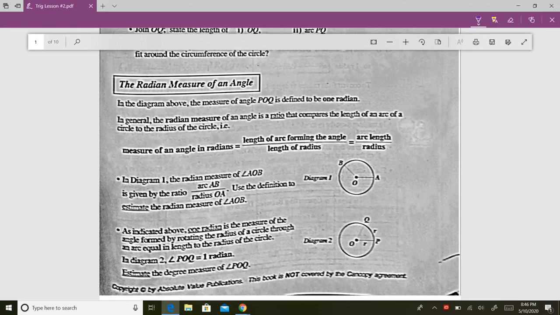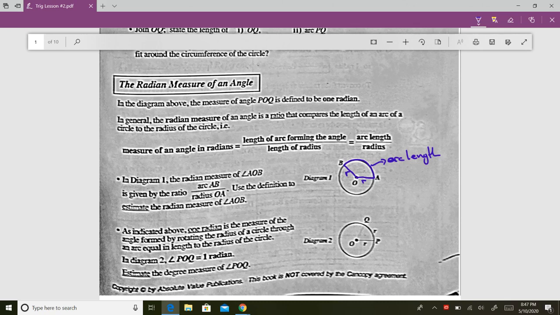The radian measure of an angle. Here's our circle. Here's our radius, and this is a radius as well. When it's not the whole circle, this is called an arc, and we'll say arc length. So this distance is equal to the arc length.